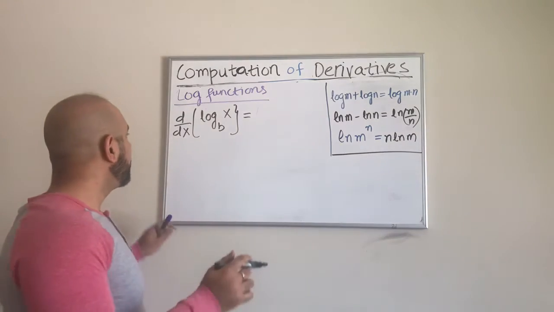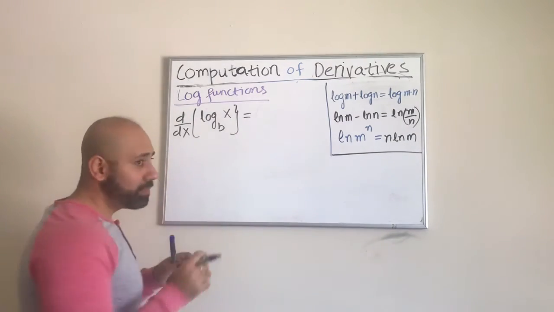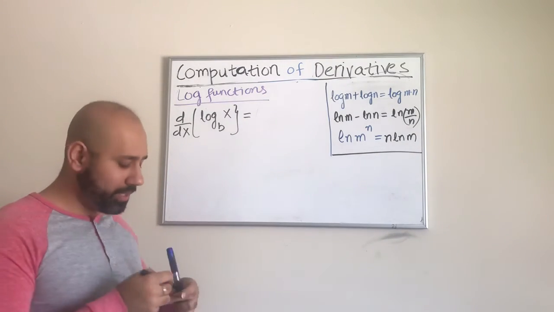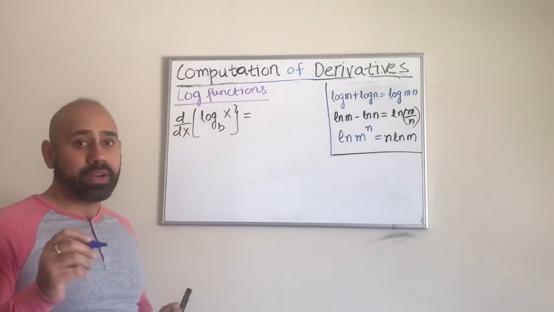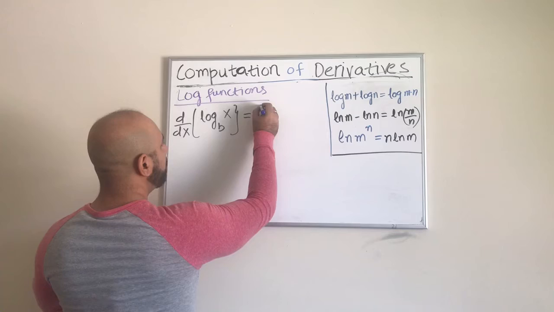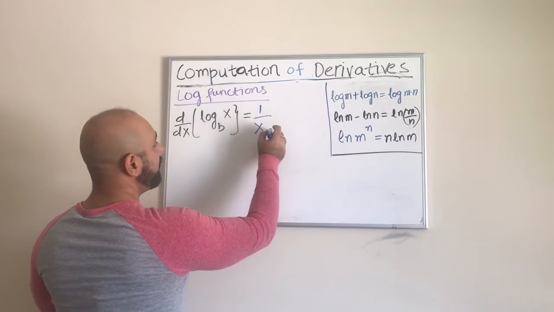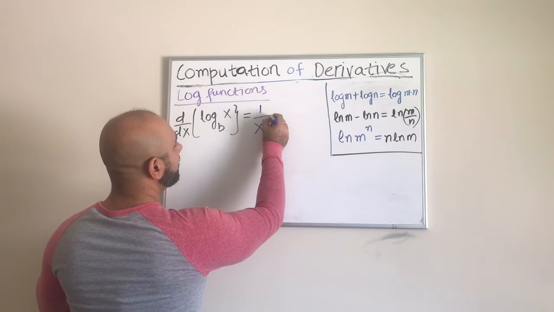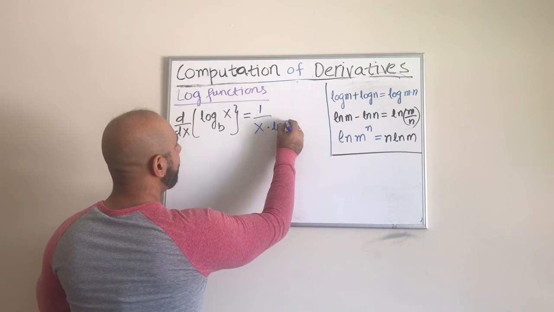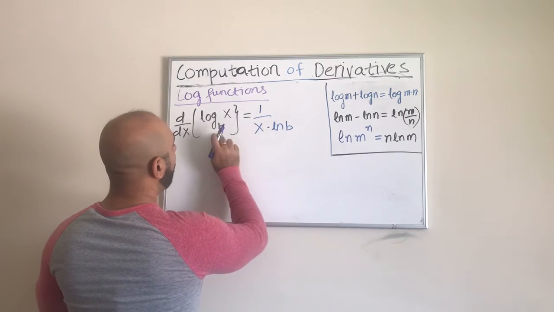The derivative of that function, which you can see from using the limit definition, and I'm not deriving the whole thing, I'm just writing the final form, is equal to 1 over x. That means it is the inverse function 1 over x, but you also have to multiply the denominator by ln of b, which is the natural logarithm of the base b.